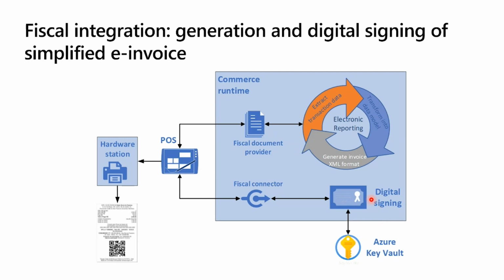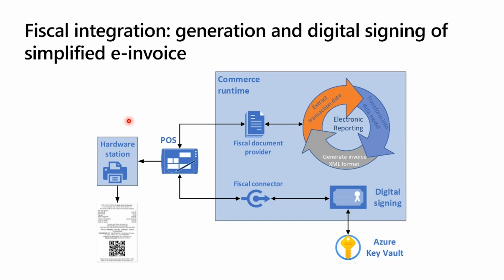And then when the hash is calculated and QR code is generated and the digital signature is generated, this data is passed back to POS and then to the fiscal document provider, where it is saved to the database in the form of a so-called fiscal transaction linked to the retail transaction, right?